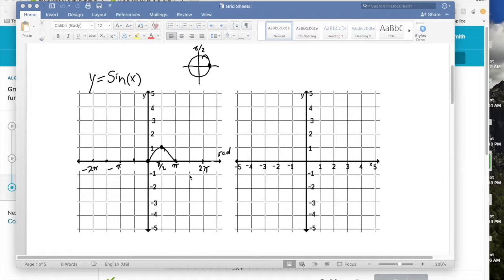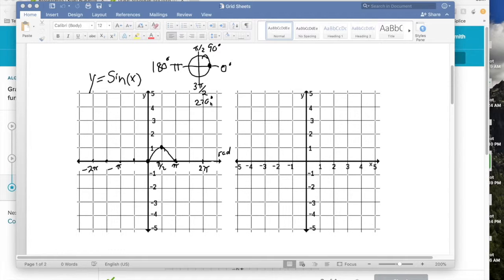By the way, pi is right here on the unit circle. If we type in 3 pi over 2, which would be 270 degrees, right? This would be 180, this would be 270 right here, this would be 90, and this 0.